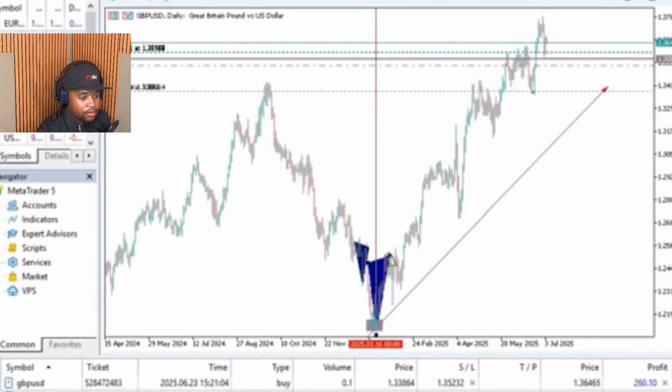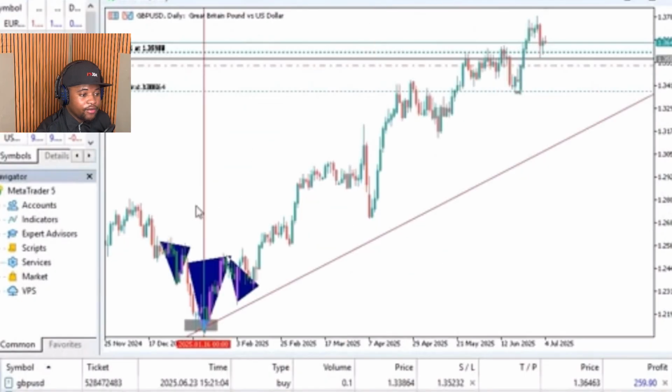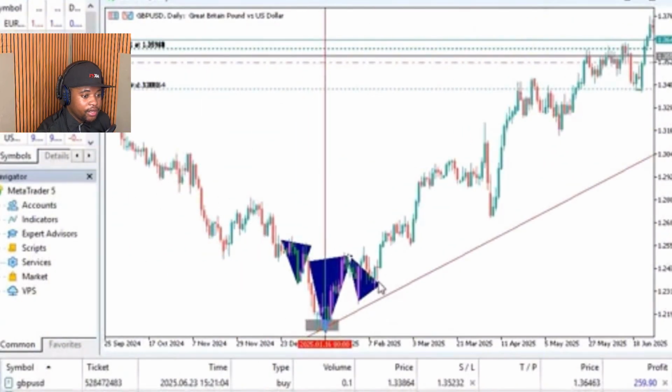All right, okay, so now we have a clear inverse head and shoulder, in this type of formation. We have a clear head and shoulder.